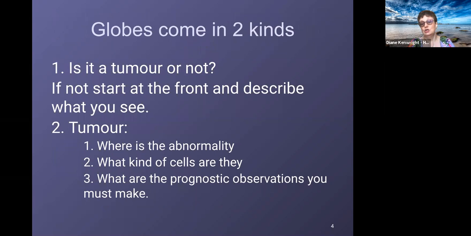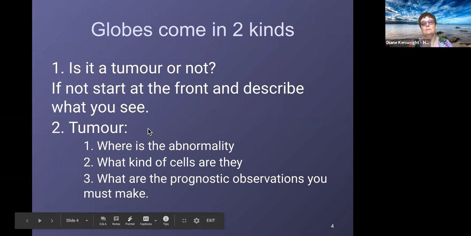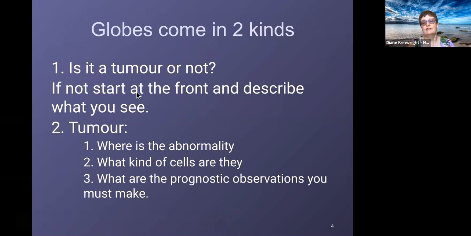So if it's a tumor, then we start section B by answering these, okay? If it's not a tumor, then we start at the front and describe what we see. So two different approaches to describing a slide depending on whether it's a tumor or not a tumor.